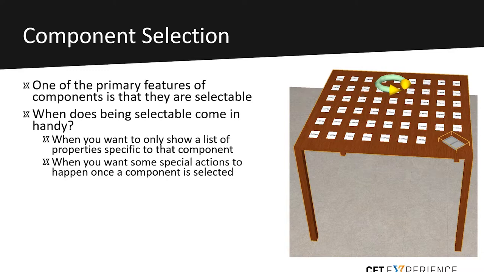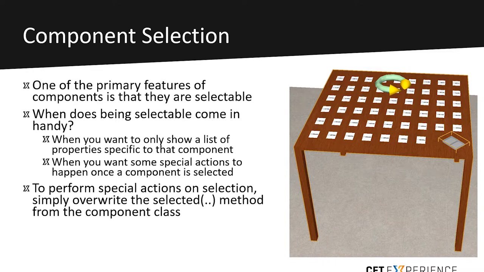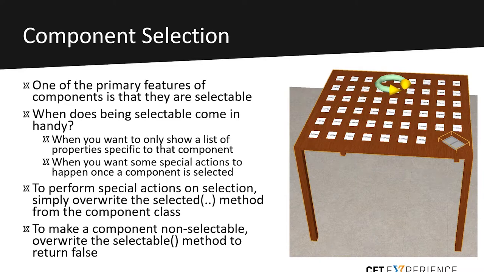So that is a very 3D concept, and that is why components are only selectable in 3D. So if you want to perform your own special actions on selection, all you have to do is overwrite the selected method from the component class and put whatever custom code you want in there.